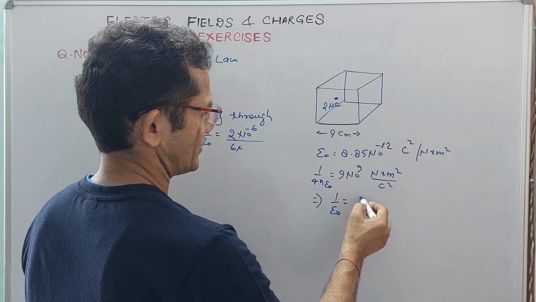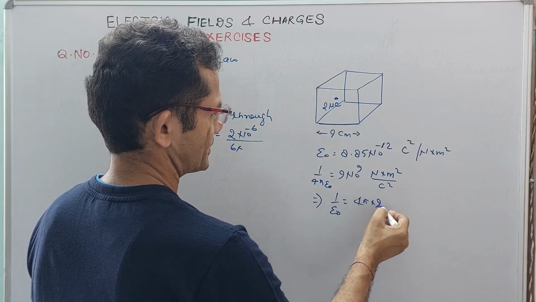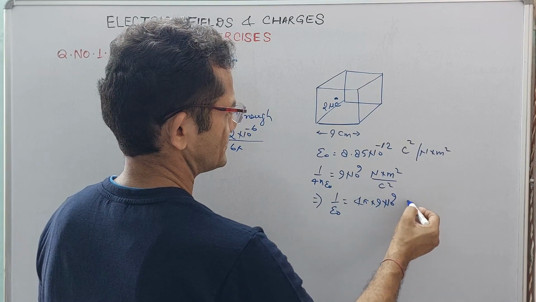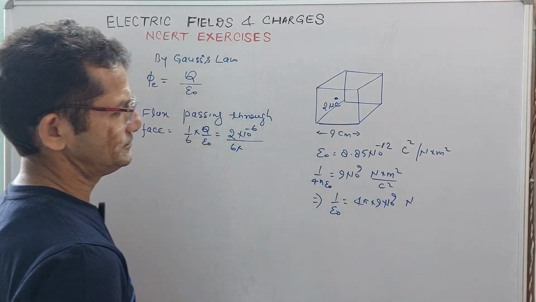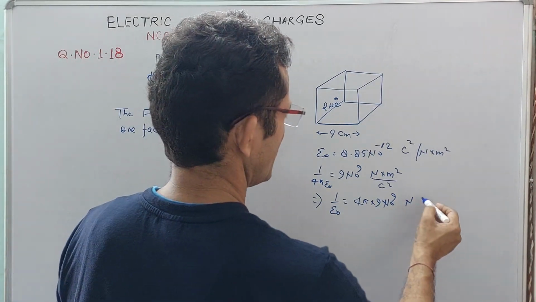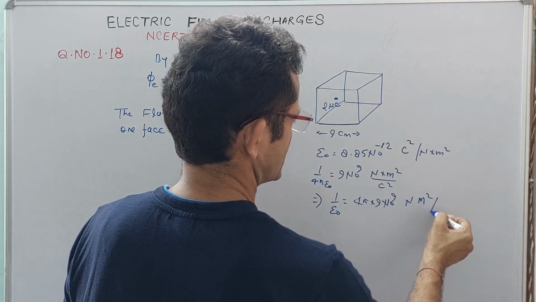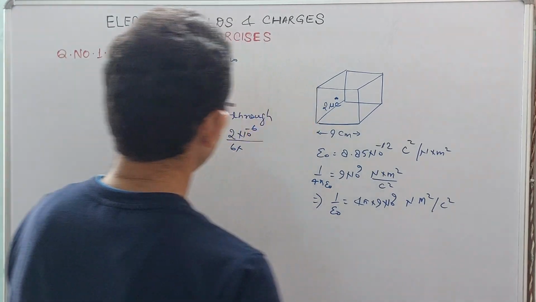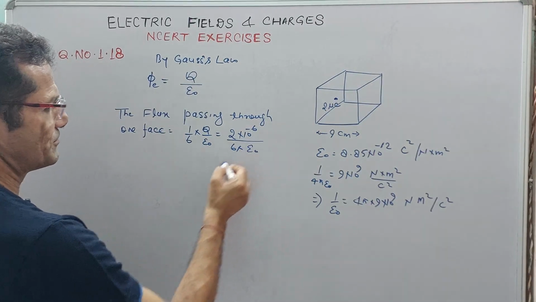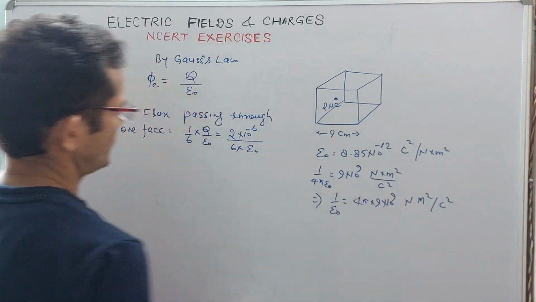1 upon epsilon naught is 4 pi times 9 into 10 raised to the power 9 Newton meter square divided by coulomb square. We will put this value for the calculation.